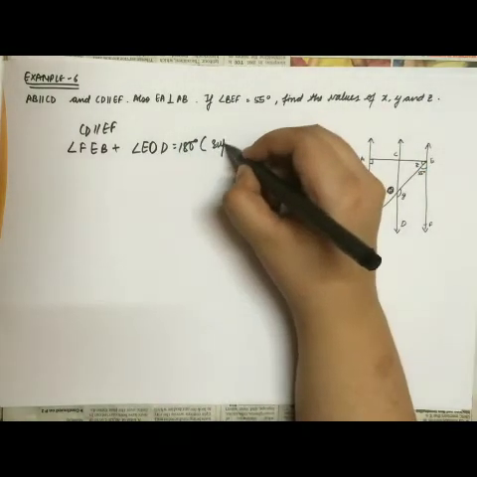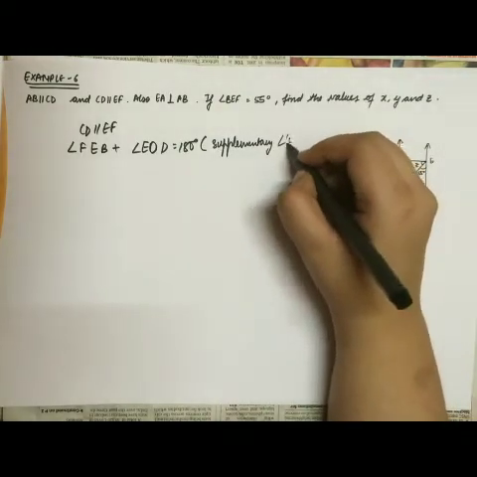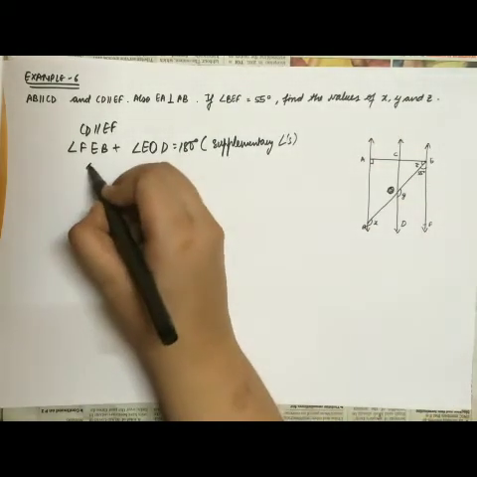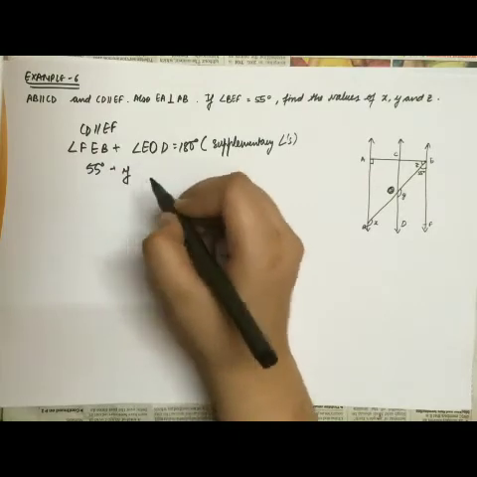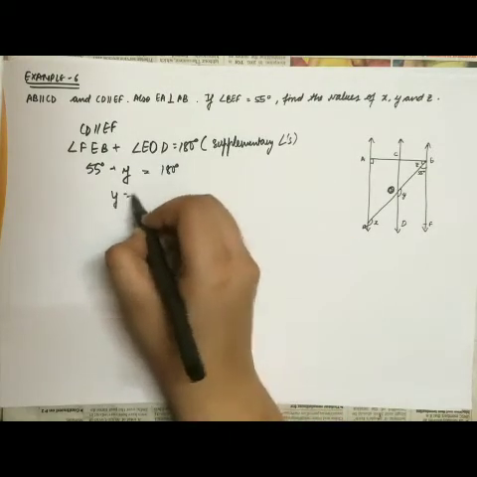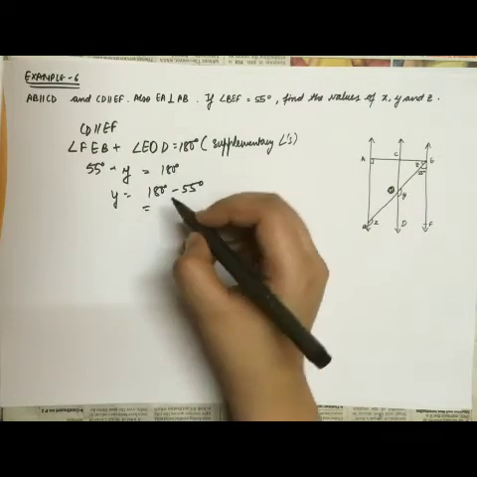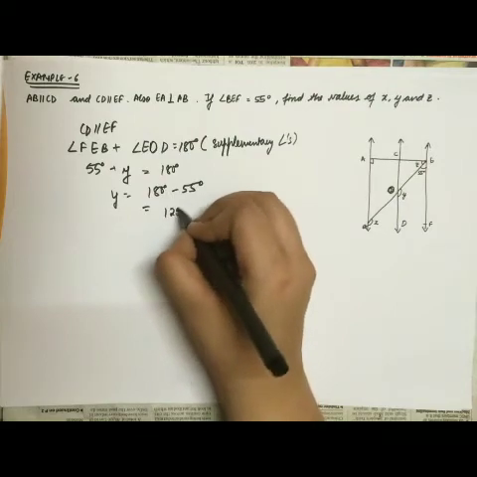Why? Supplementary angles on the same side of transversal. So 55 degree plus y is equal to 180 degree. Y will be 180 degree minus 55 degree, which is equal to 125 degree.